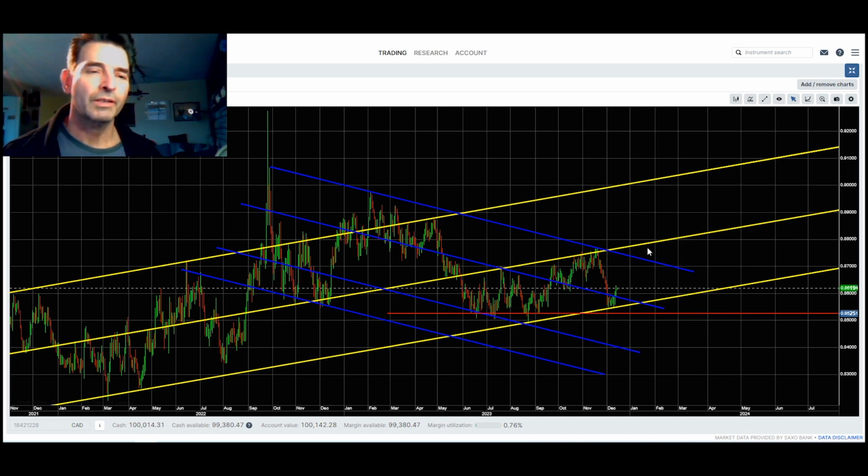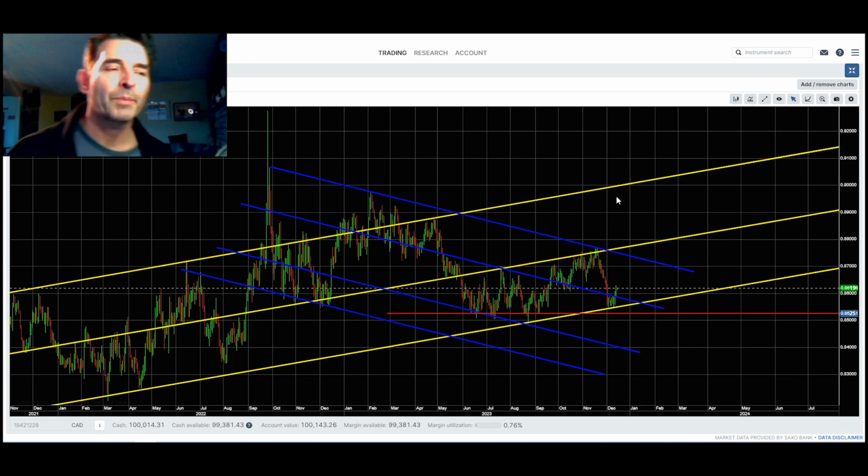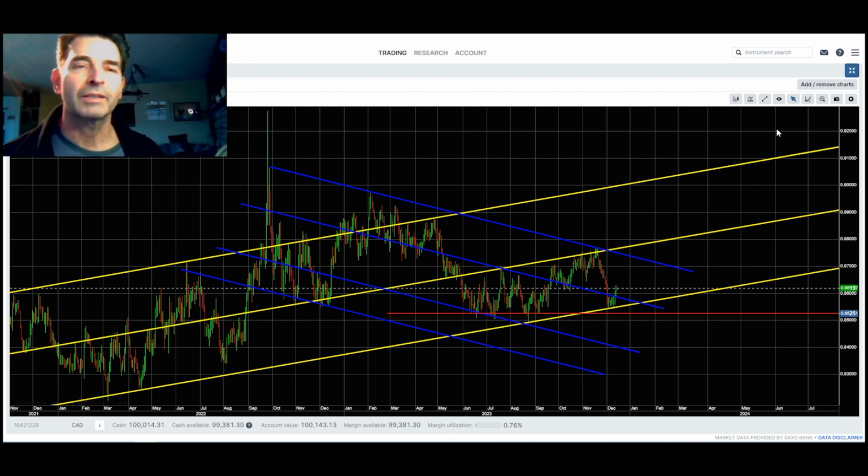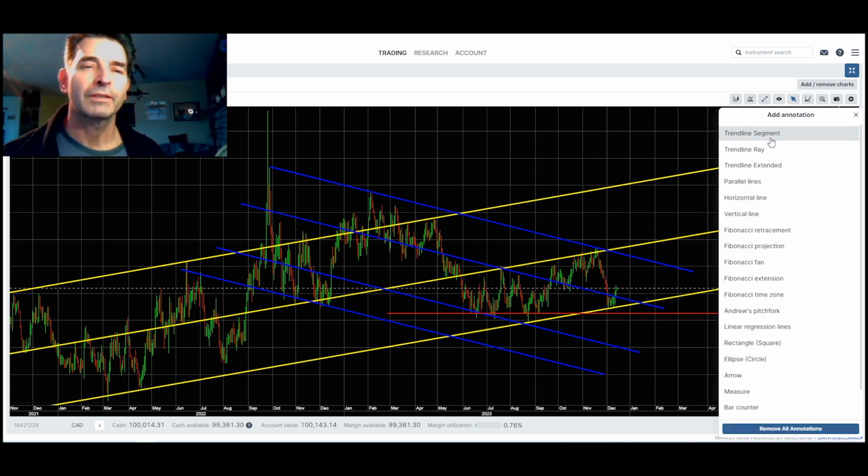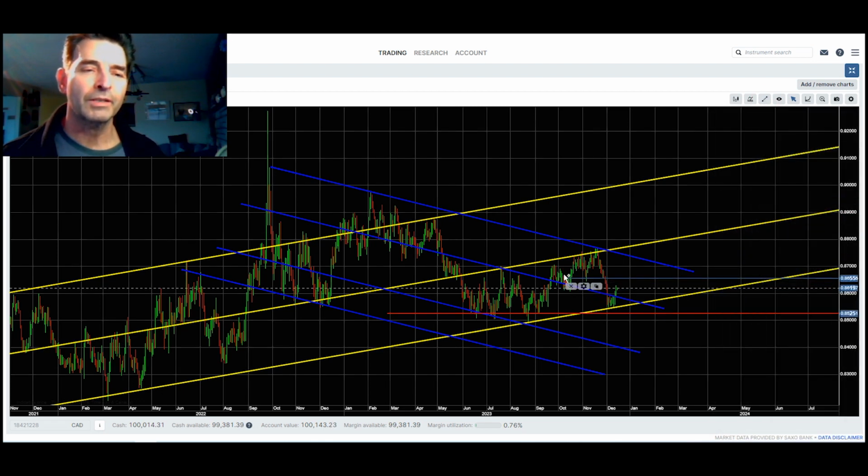And our target, we're going to target this first inner resistance line, and we could go all out and say up here, but let's not do that. We'll play it safe. Horizontal line, target would be inside there.